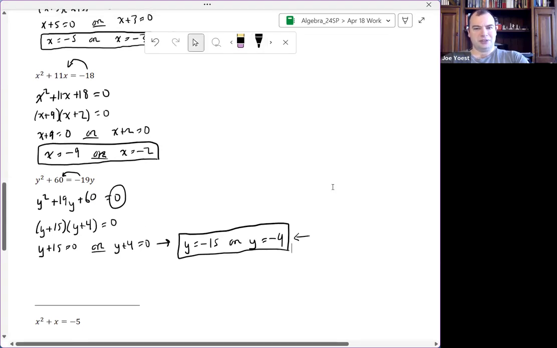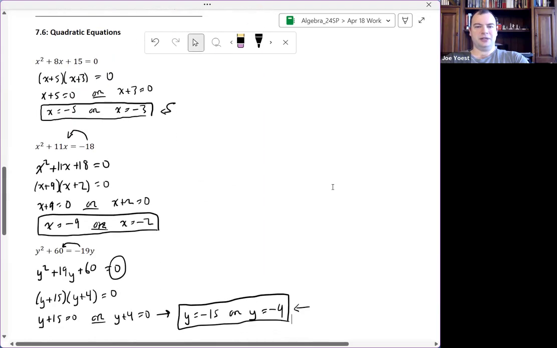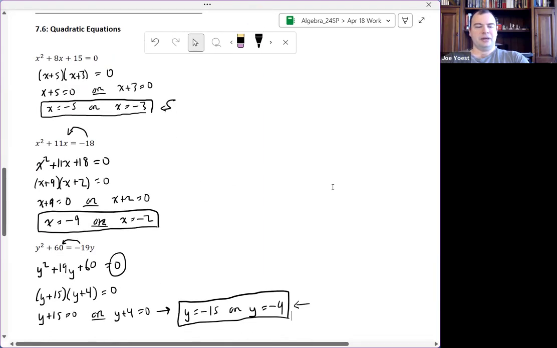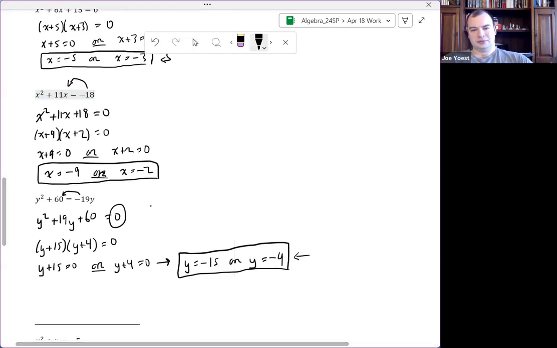So I think we can really see that solving quadratic equations is almost all stuff that we've done before. It's either things like just moving terms from one side to the other, or factoring, or solving linear equations.